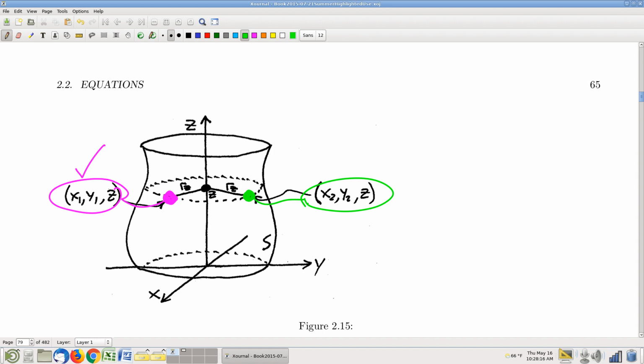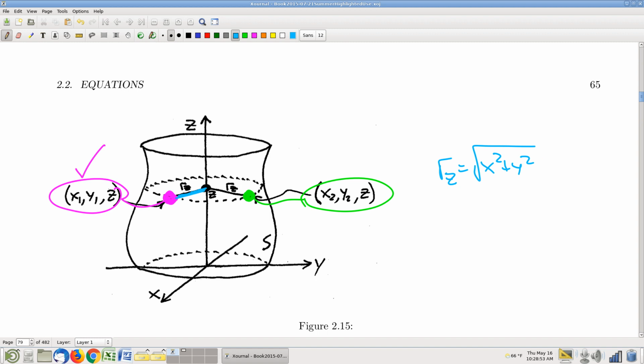Our big assumption is that x and y appear only as part of this form, the distance to the z-axis, square root of x squared plus y squared. Sure, these points have different x's and y's, but those different x's and y's go right into this expression, and only into this expression, to result in the same value, r, for both of these points.